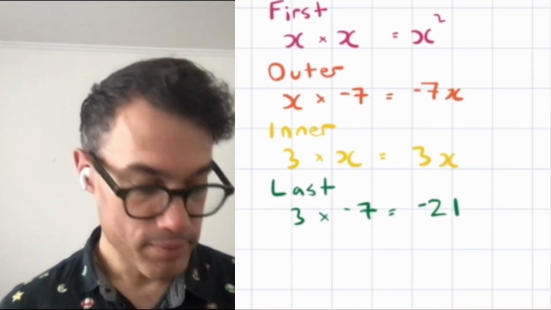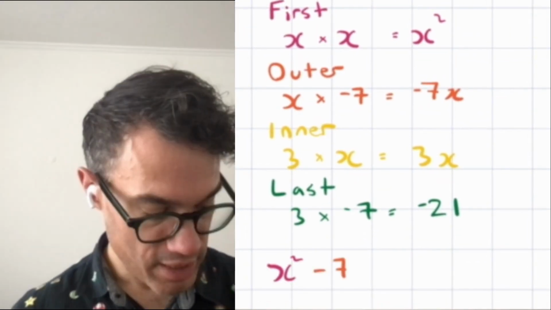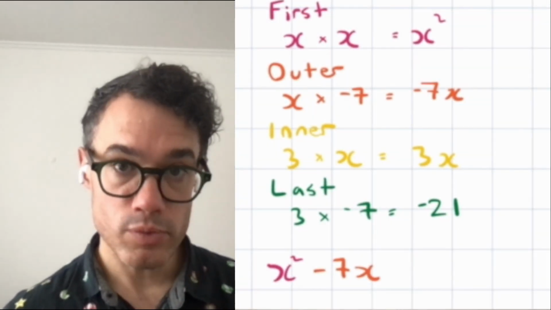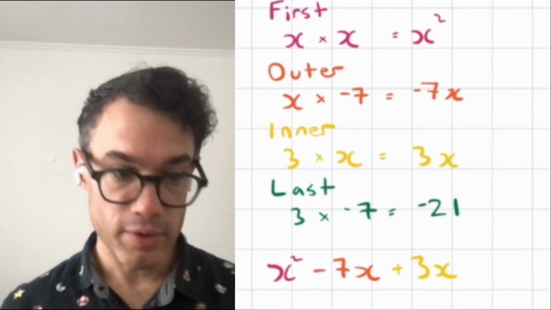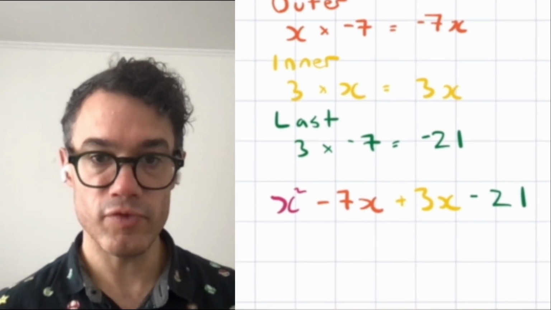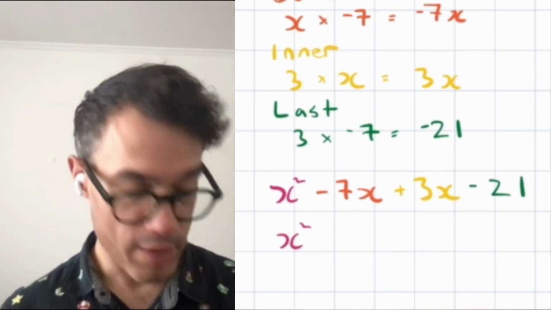Now we need to put it together, x squared. Now I want to make sure I bring in that operation, -7x. Bring in our inners. It's a positive number, so we're going to take the plus 3x, and then our final here, which is -21. Now this could be simplified even further, just a little bit more. We have our x squared. That cannot be simplified.